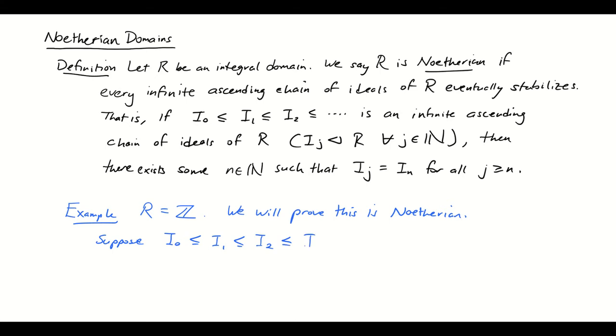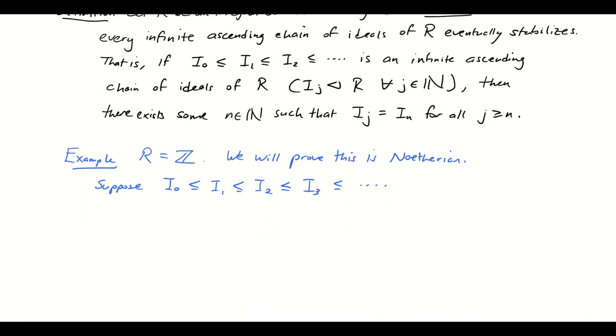And by the way, I'm using the less than or equal to sign because often we do that when we're talking about ideals rather than just random subsets. But you could use the subset symbol as well. There'd be nothing wrong with that. So suppose this is a chain of ideals of Z. Okay, before going on with the proof, I just want to think about why this might be true, why we might not be able to assemble an infinite, strictly ascending chain of ideals in the integers.